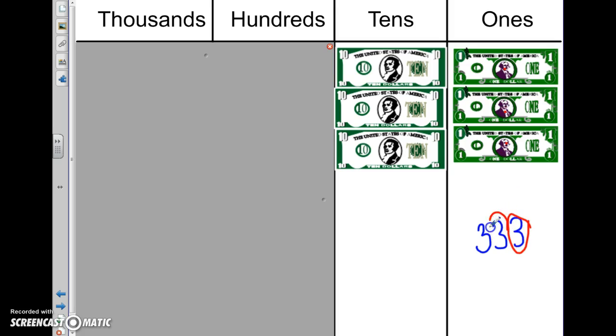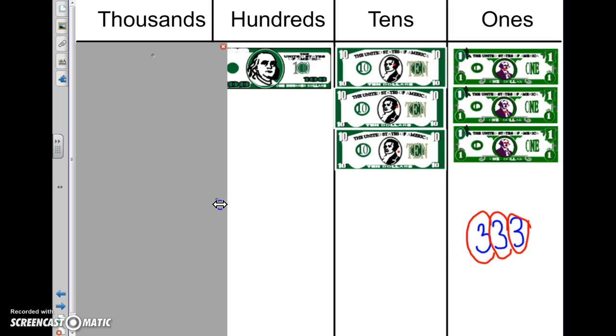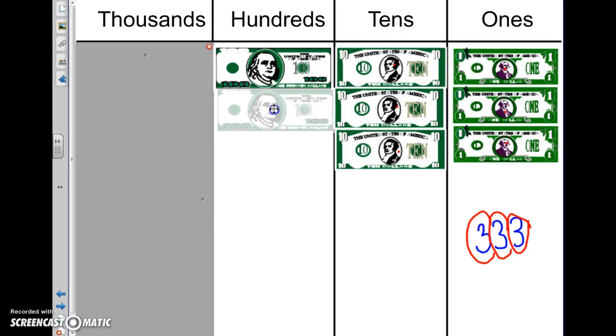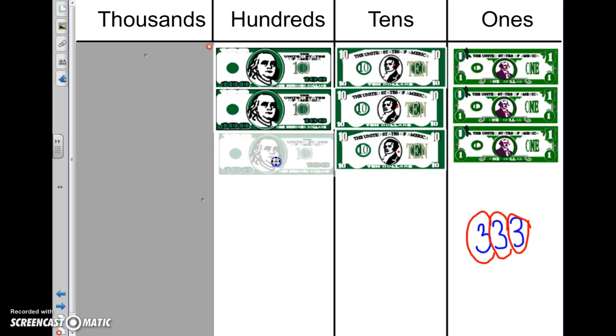Then the next place value over is the tens place, so I have my 3 tens, 1, 2, 3. This next place value is the hundreds place, correct? So that means I'm going to need 3 hundreds. Now 3 times 100 gives us 300. That's what we got here. 3 tens is 30, and 3 ones is 3. So now you have 333.